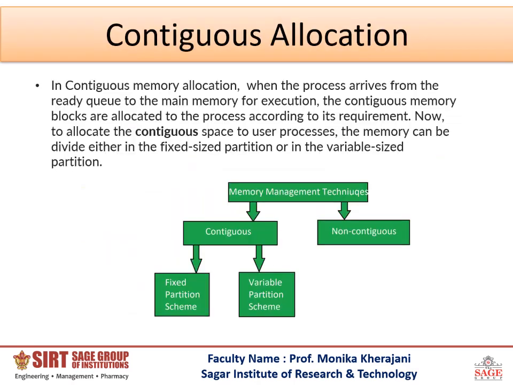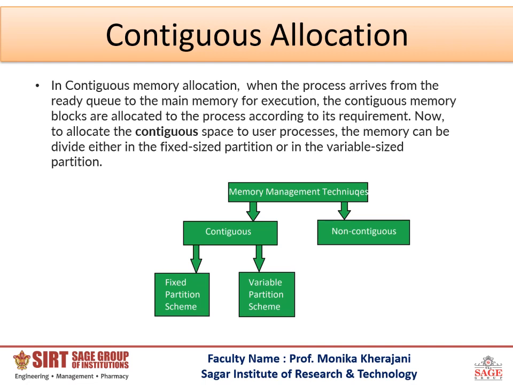Okay. Contiguous, as the name implies, means that when a process arrives from the ready state to main memory for execution, contiguous memory blocks are allocated to the process according to its requirement. I have already discussed this: a whole block of memory is allocated to a process, so contiguous memory must be available for allocating the process.